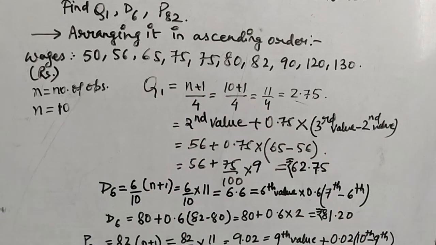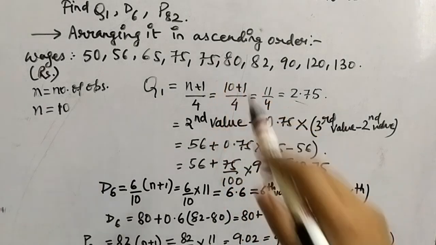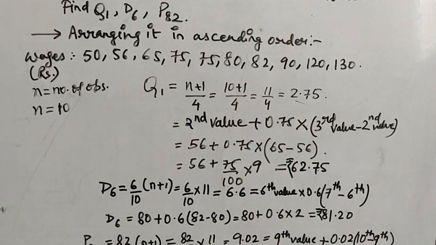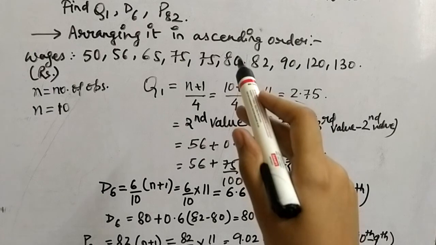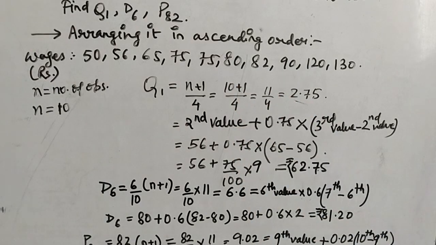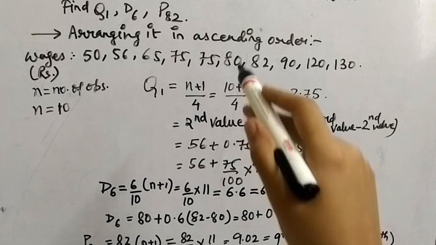What is the sixth value? Sixth value is 80. Now multiply 0.6 with the 7th minus the 6th value, because that's what we have got by calculating it. Here the 7th value is 82 and the 6th value is 80. We have got D6 is equal to rupees 81.20, which is somewhere in the middle.